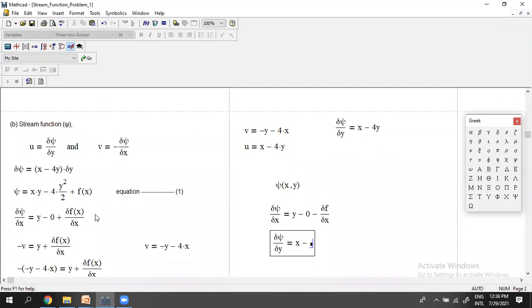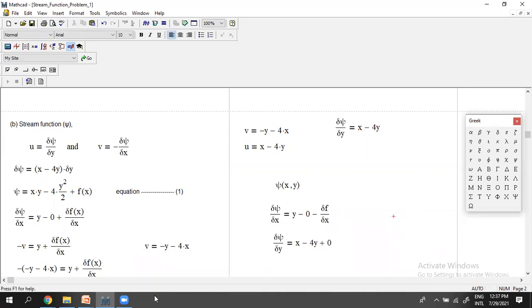So what are you getting? 4y, right? The derivative of y squared is 2y, so you get 4y. What is the derivative of this one with respect to y? This is only x, there is no y. So you take the derivative with respect to y, then the derivative of this function will be 0. So I am getting plus 0.